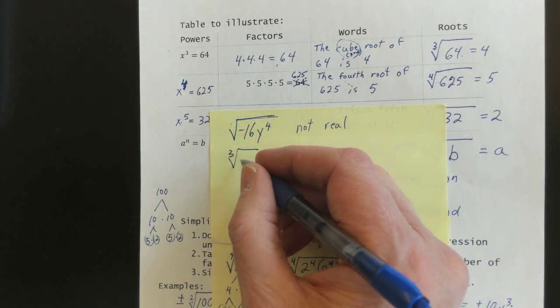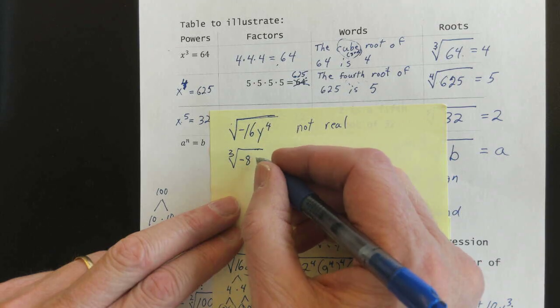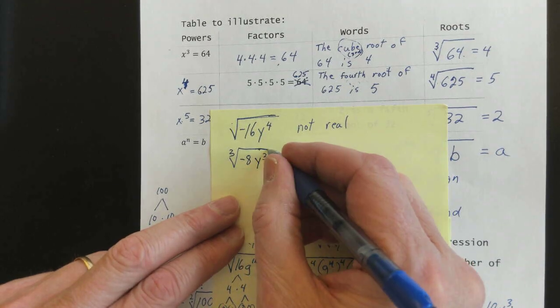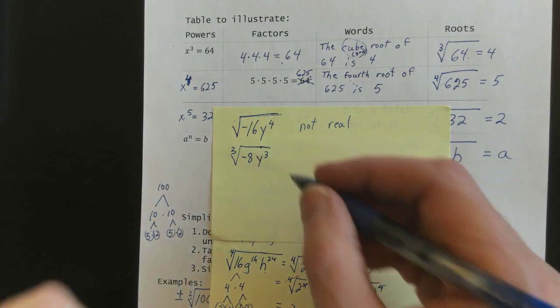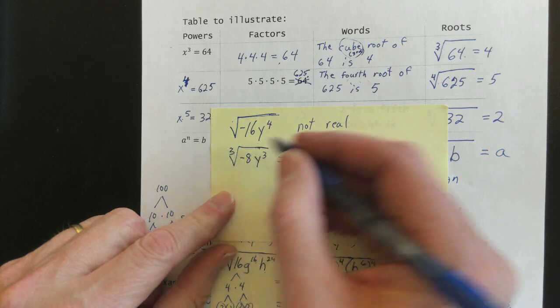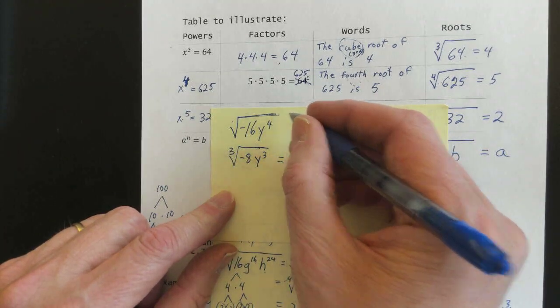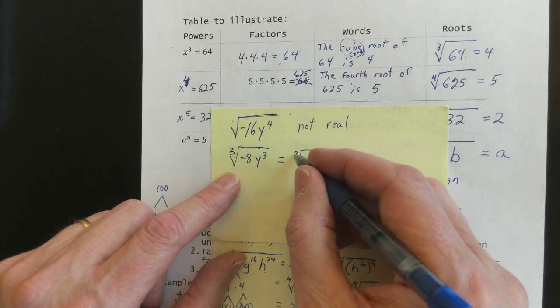Cube root of negative 8 y to the 3rd. Cube root of negative 8 y to the 3rd. We can do this.